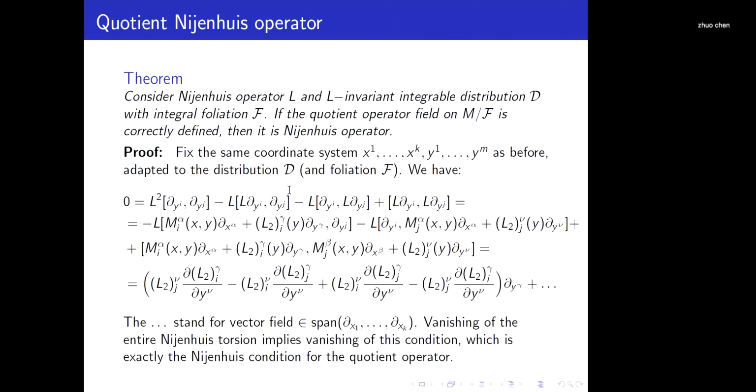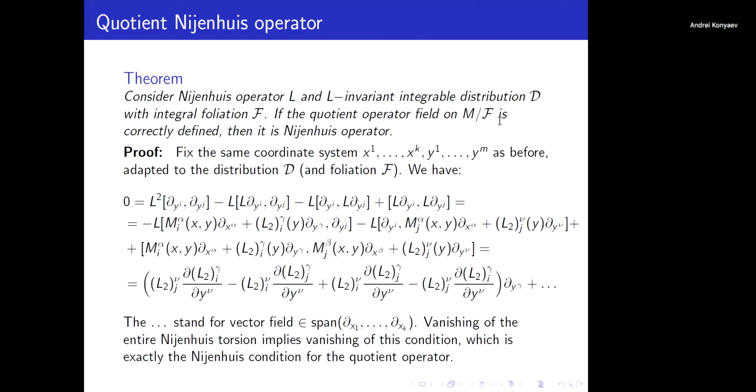What is the condition? You said that L is already Nijenhuis. Yes, L is Nijenhuis, and the distribution... So it's still Nijenhuis on the quotient manifold, right?